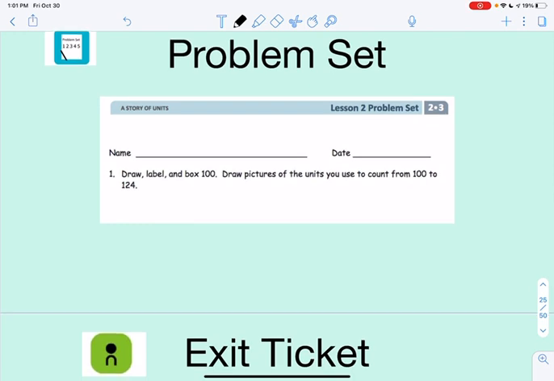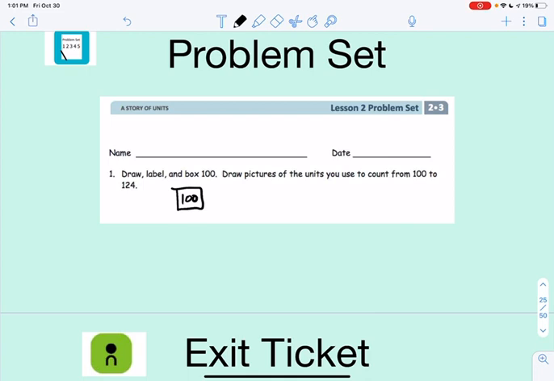All right, now we're going to draw and label and box 100. And I want to draw pictures of units that I would use to count from 100 to 124. So if I'm going to 124, I'm going to count by my biggest unit I can first. So do I need hundreds to get to 124?